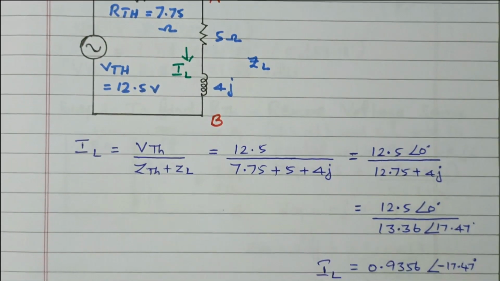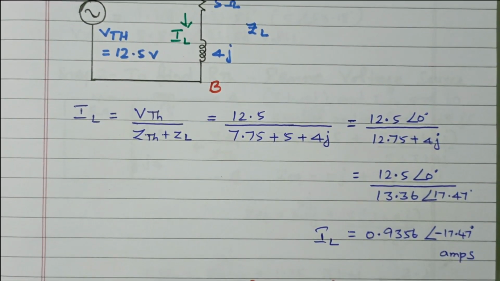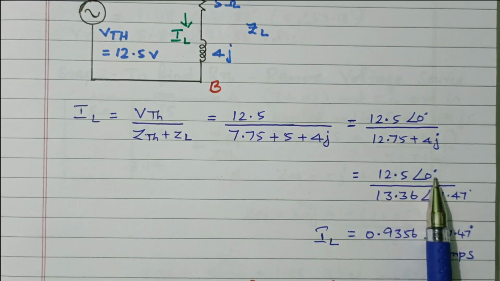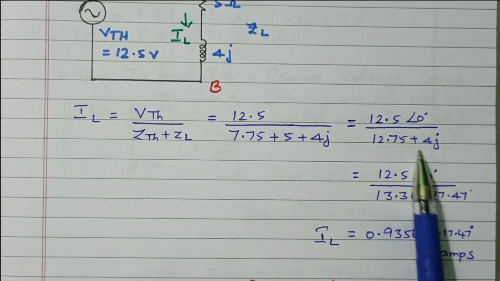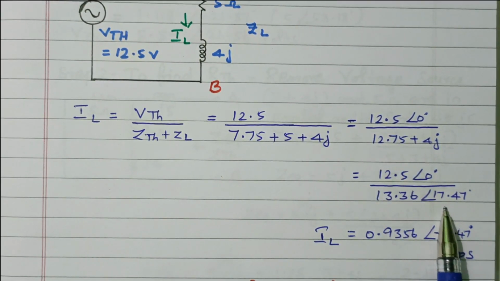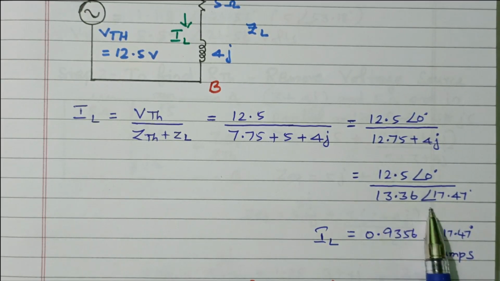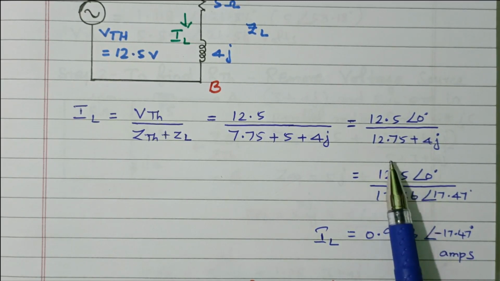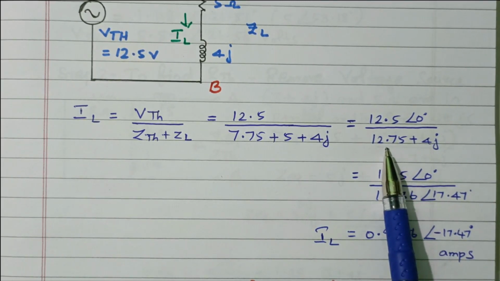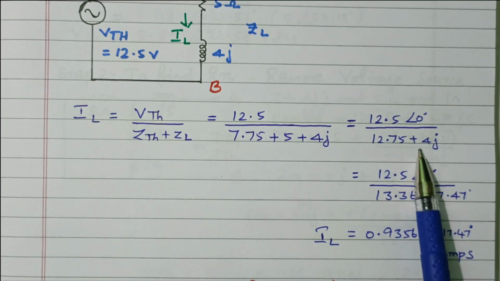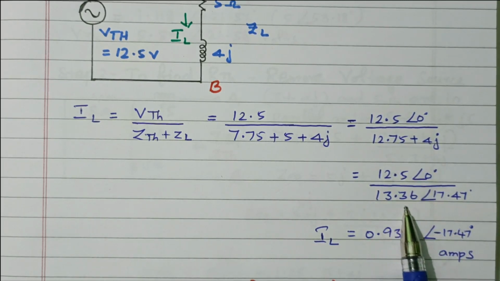Now we need to find the final value. So 12.5 angle 0, this rectangular form is converted into polar form. By using calculator we can easily calculate 13.36 with angle 17.47. Otherwise how to calculate: square root of 12.75 squared plus 4 squared will give 13.36.